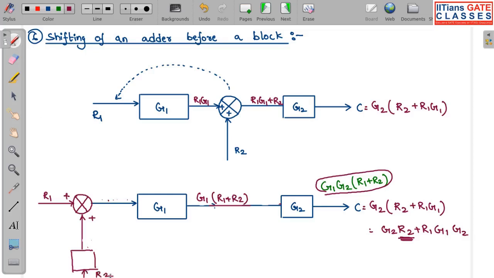I should be passing R2 through a block 1 by G1. Now if you see, this will be R1 plus R2 by G1.